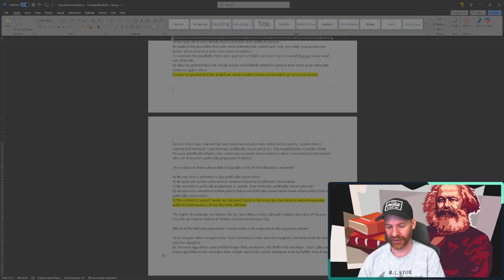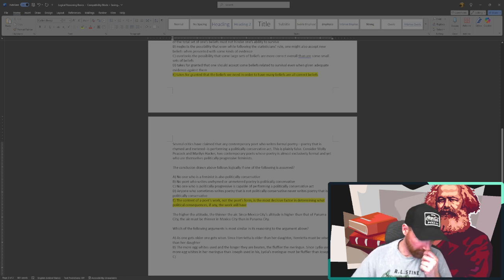That one actually does track according to the higher the altitude, the thinner the air. B is pretty correct so far.